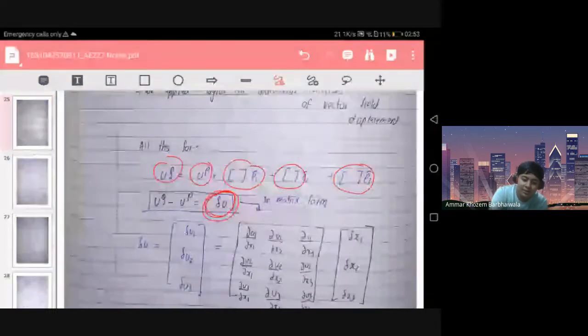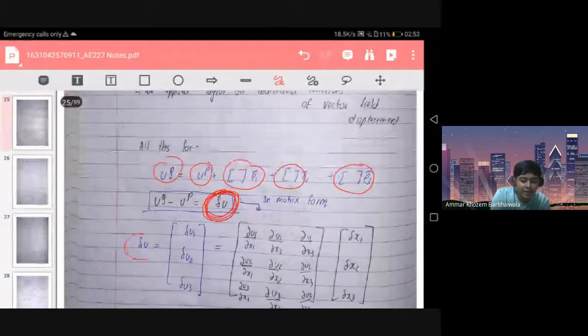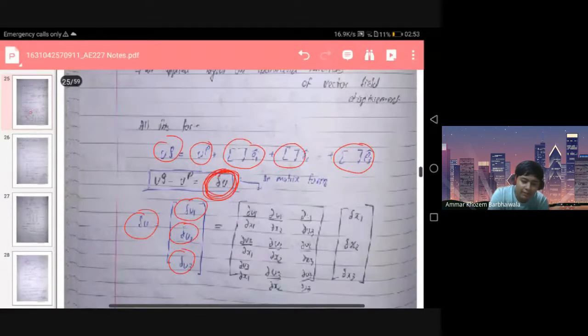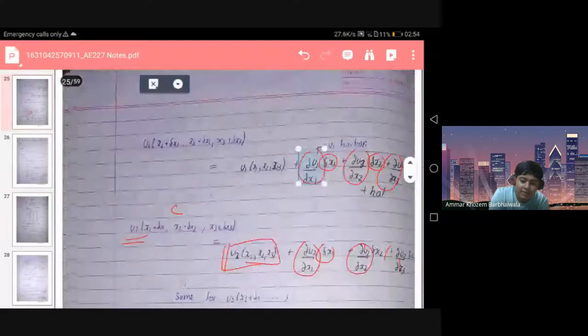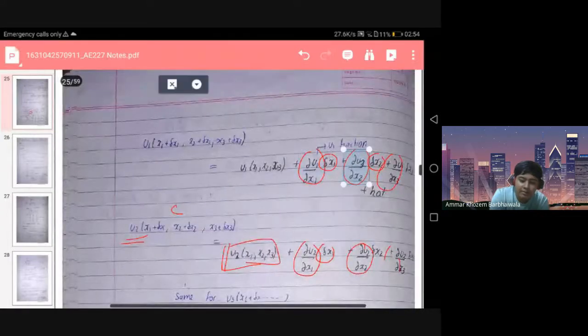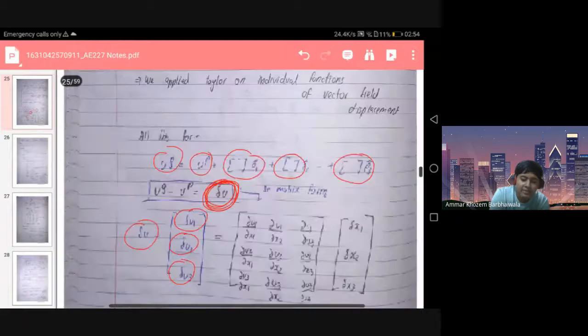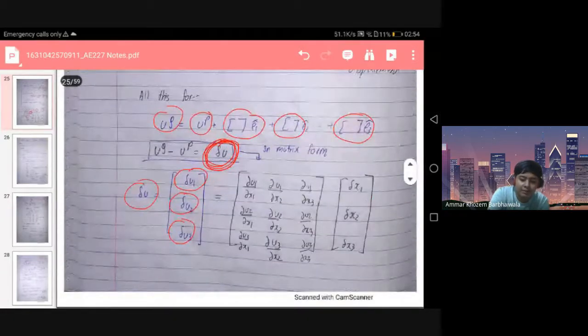That del u is a vector, and it is the change in the vector field once we go from p to q. So I can define del u as a vector del u1, del u2, and del u3. Since we wrote this exactly above, that del u1 is equal to del u1 del x1 times delta x1, plus del u1 del x2 times delta x2, plus del u1 del x3 times delta x3, I can represent this in terms of a vector.